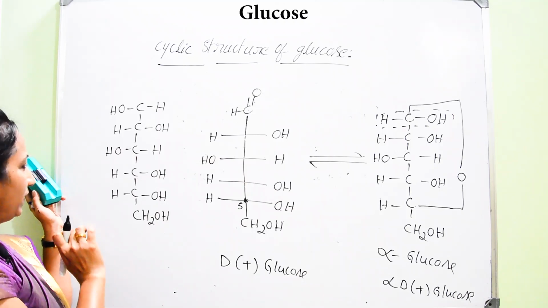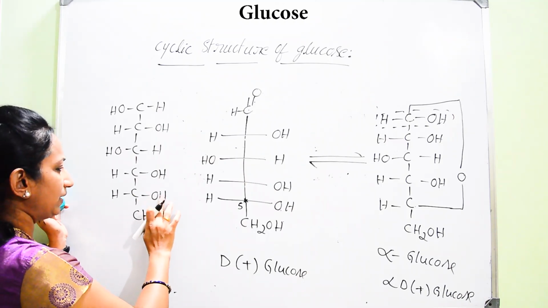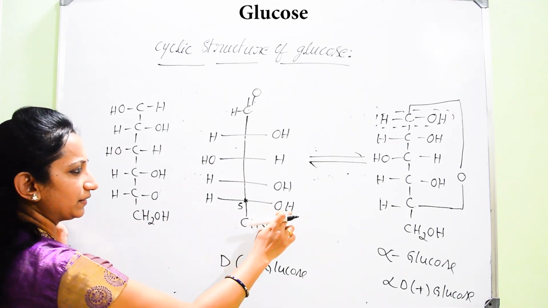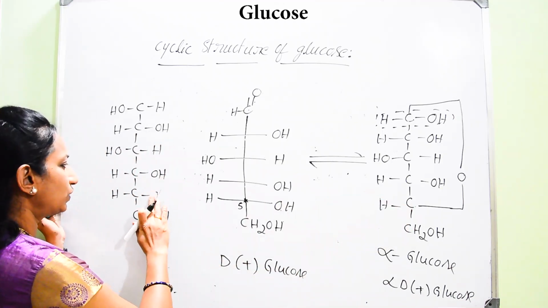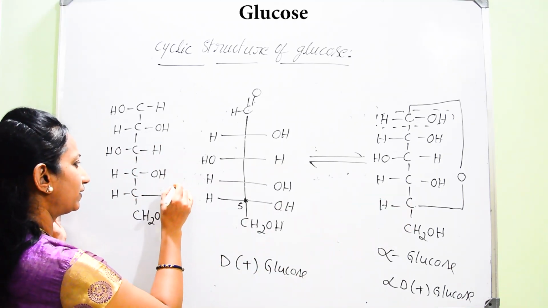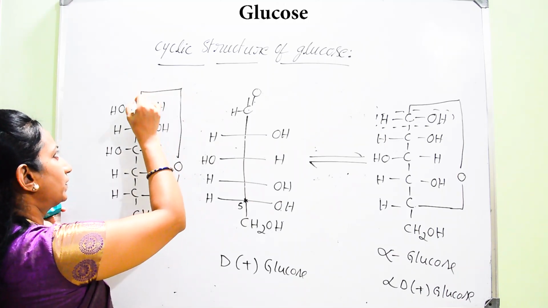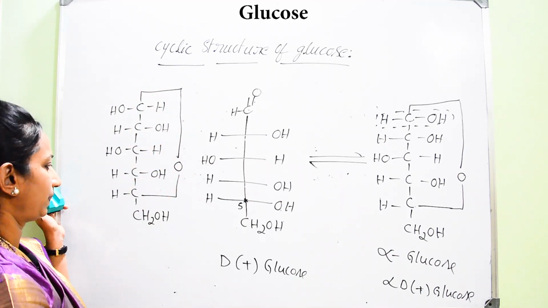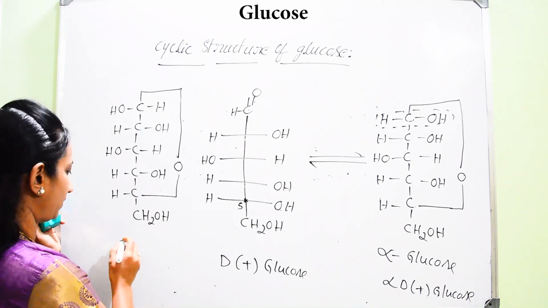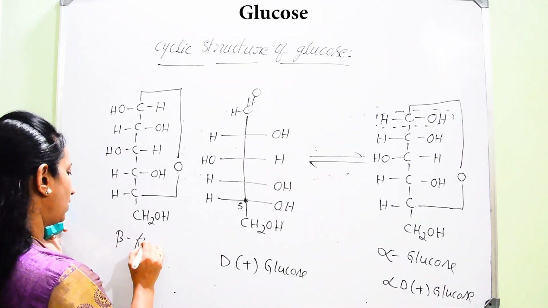Now here we can find the linkage of the fifth carbon atom through the oxygen atom, so I write this line along with the oxygen atom. It makes a bond with the first carbon atom. This is now named the beta form.